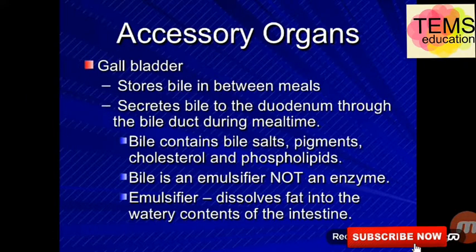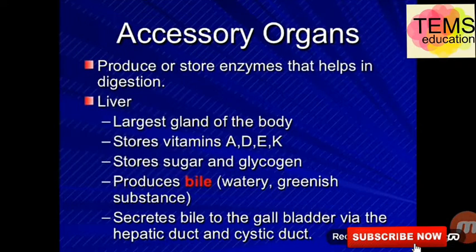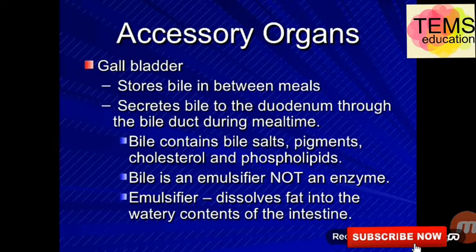The gallbladder is also an accessory organ, and it stores bile in between meals, and secretes bile to the duodenum through the bile duct during mealtime. Bile contains bile salts, pigments, cholesterol, and phospholipids.